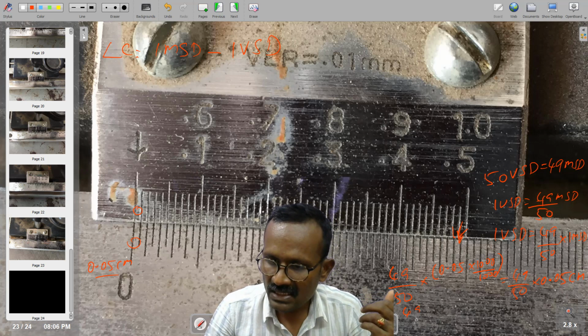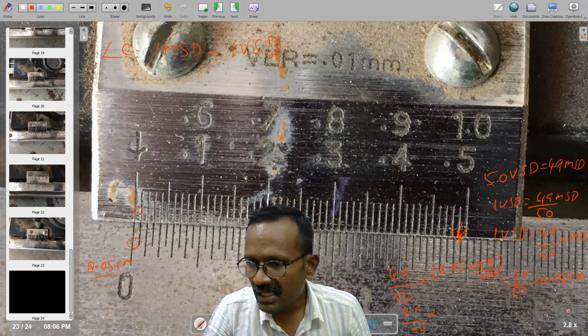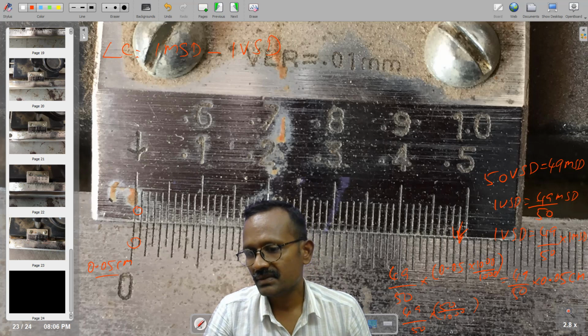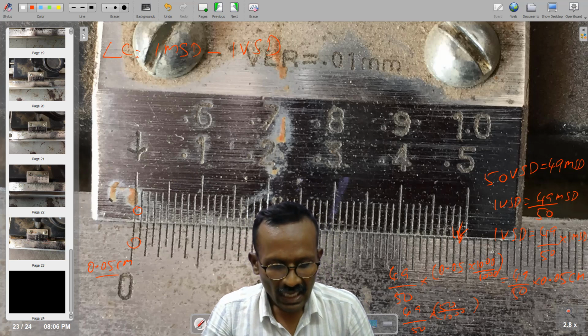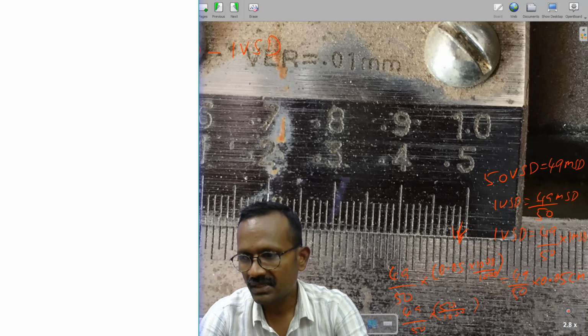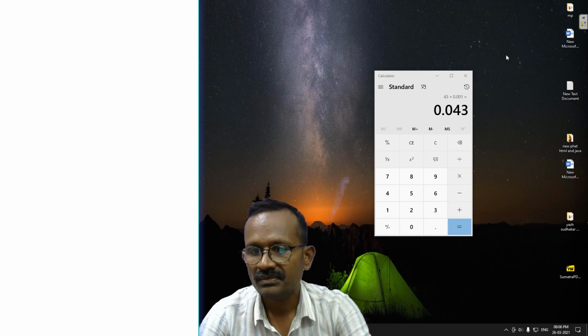The decimal point will go three places to the right side. I'll go for the calculator, that will be the better thing. How much is 49 into 0.05 by 50?